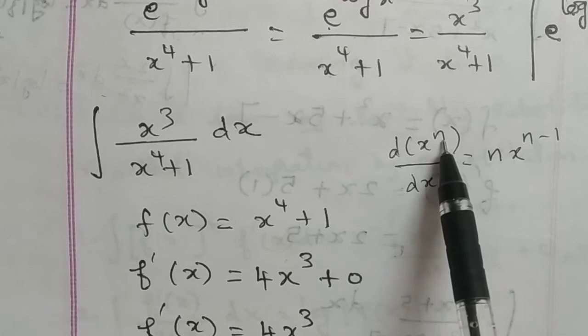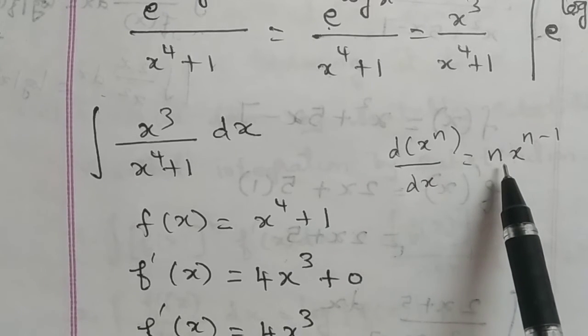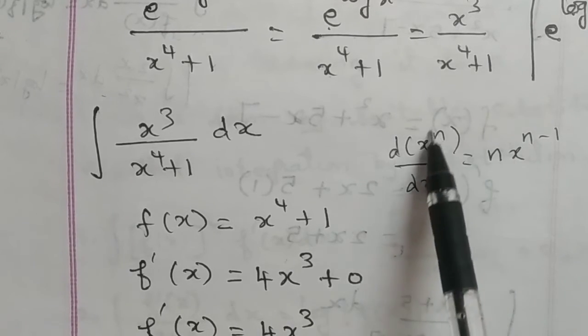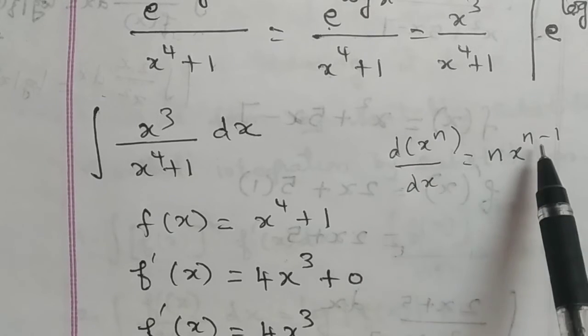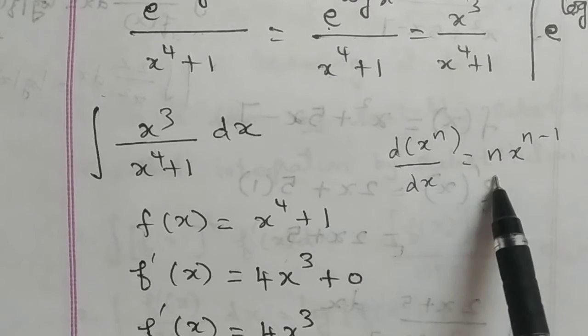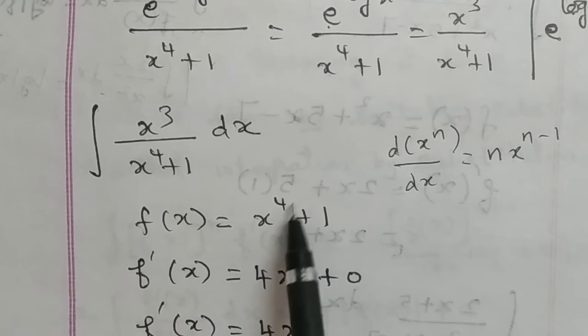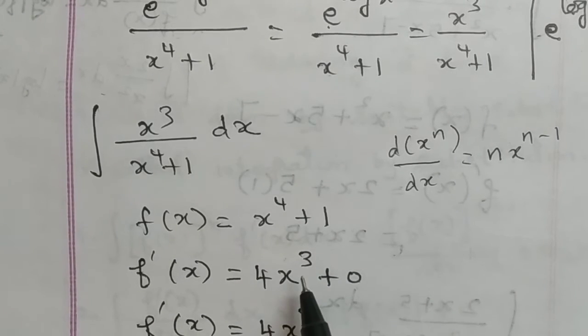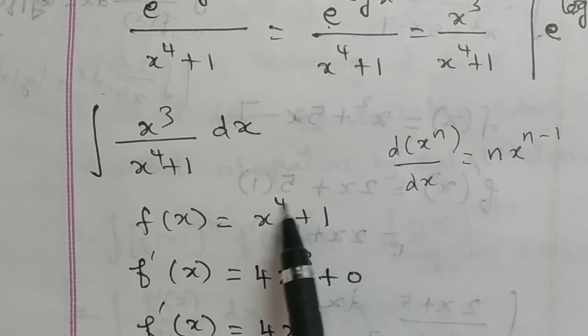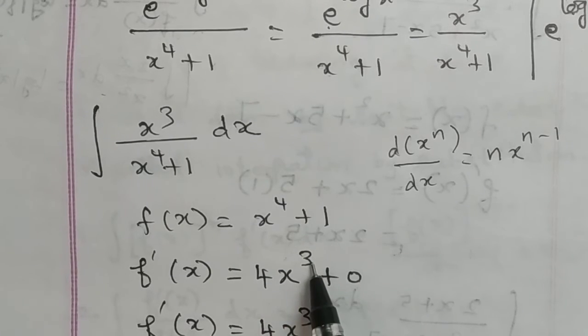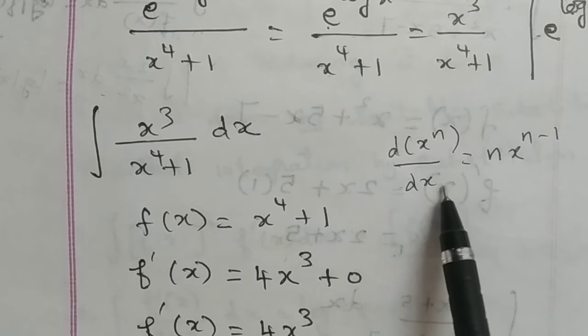What is the power here? Write the power value in front, n, x power, and reduce 1 from the power, n minus 1. Here x power 4 means write the power in front, 4, x power 4 minus 1, which is 3. We are using this general differentiation formula only.